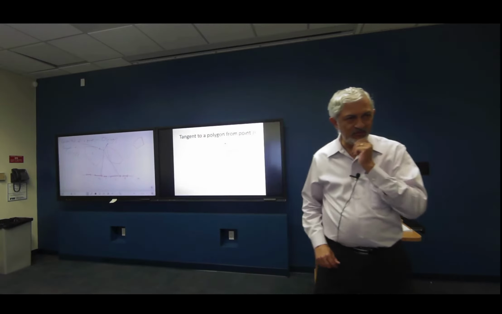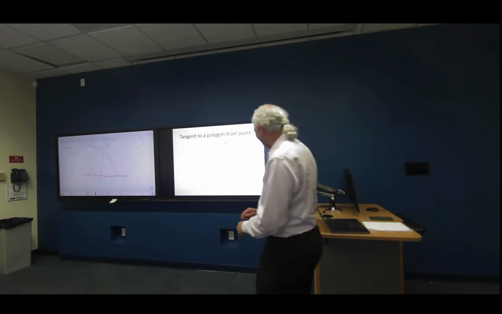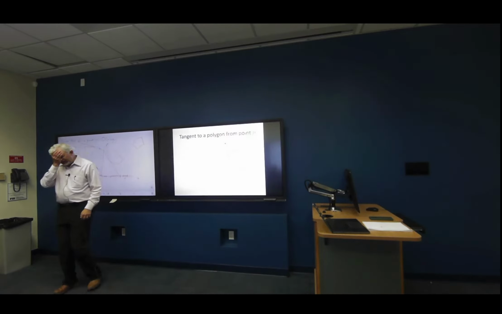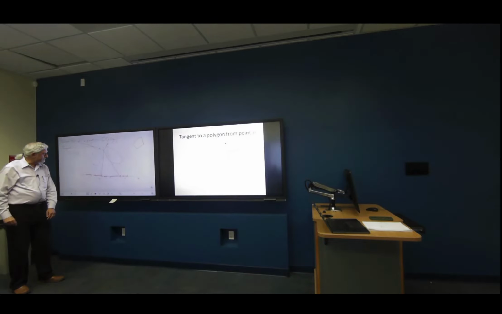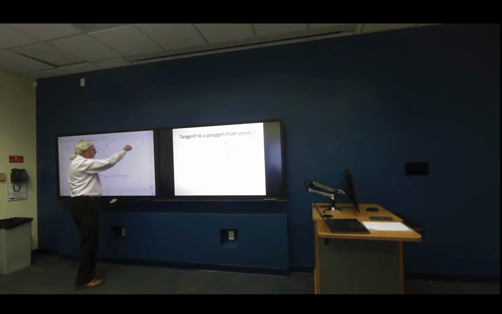Yeah. What are these two tangents called? Because you can't just say left tangent, right tangent. Yeah, it's a little tricky there. Right. So the way you do this is, if this is your polygon, your point could be anywhere.